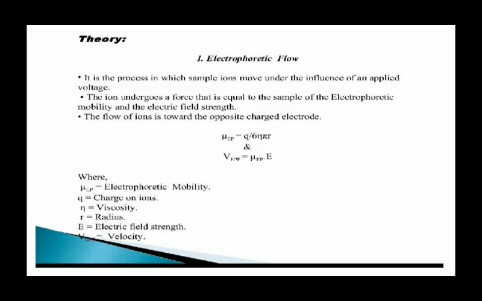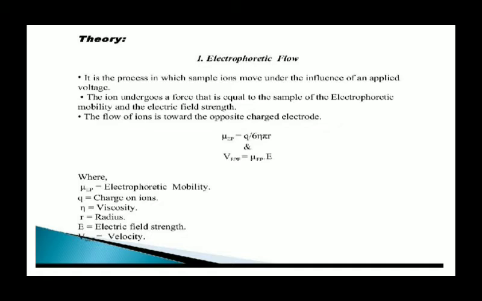So now we'll go for electrophoretic mobility, or electrophoretic flow. Generally it is the process in which sample ions move under the influence of an applied voltage. The ion undergoes a force equal to the sample's electrophoretic mobility times the electric field strength. This electrophoretic mobility is the solute's response to the applied electric field.